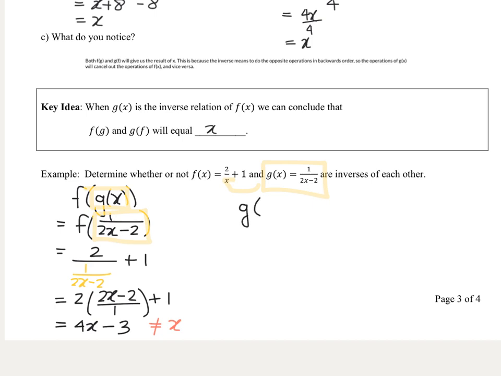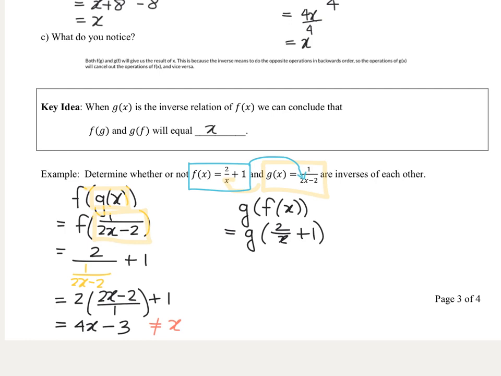So if you wanted to try g of f of x, then that means this time you're going to sub in 2 over x plus 1 here in the place of the x in g of x.